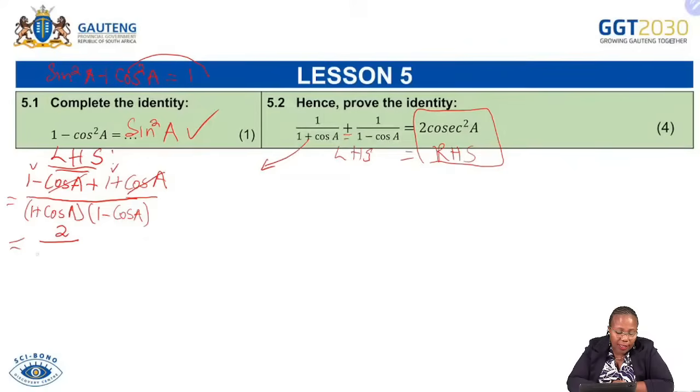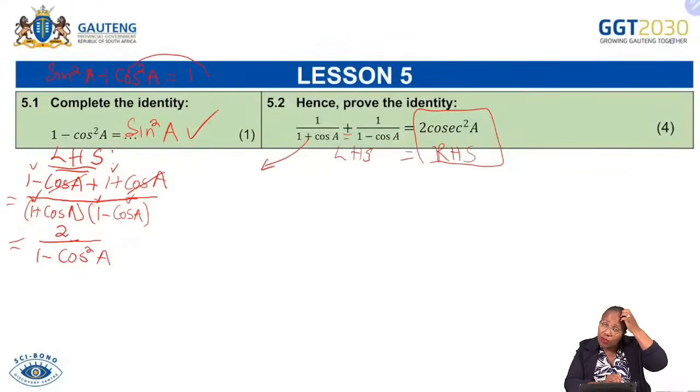So we can take this back to 1 minus cos squared A. Because 1 times 1 is 1, 1 times minus cos is minus cos, cos times 1 is cos A, then the cos A minus cos A will cancel. And the cos A times cos A is cos squared A. Remember that one. And then now 2 over.